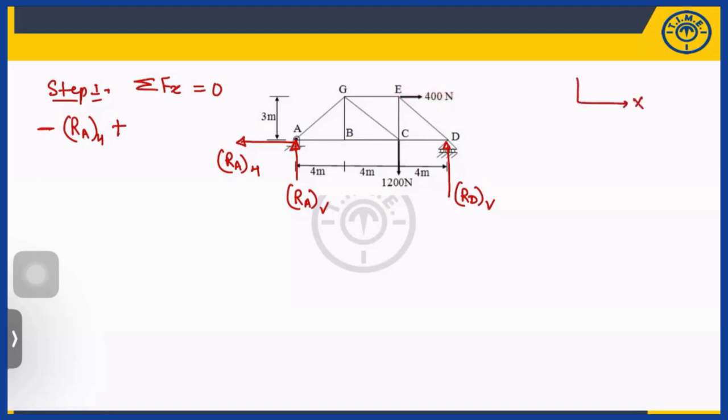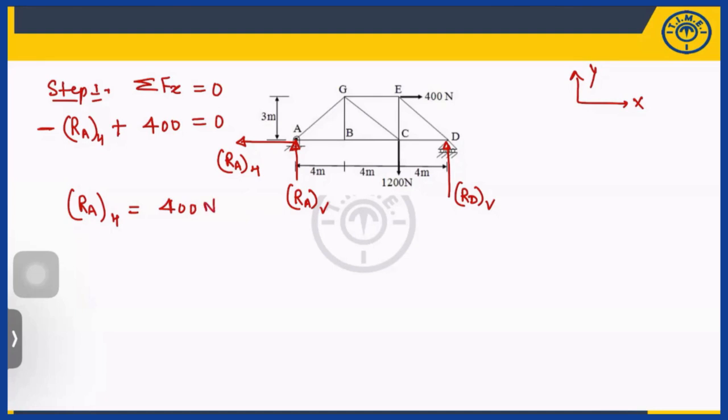I'm considering this as the x axis and this as the y axis. This is the positive direction of the x axis, this is the positive direction of the y axis. Similarly, this will be the negative x axis and this the negative y axis. So minus RAH plus 400 equals 0. The reaction at A in the horizontal direction is nothing but 400 Newton.